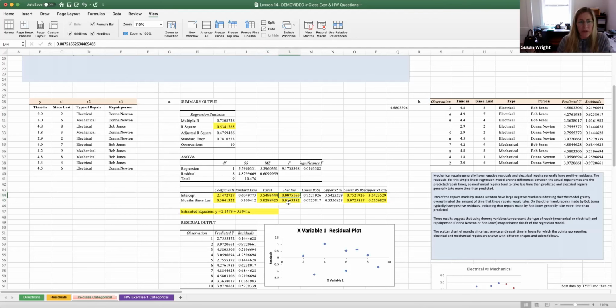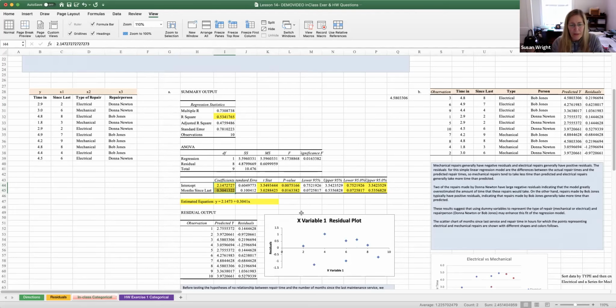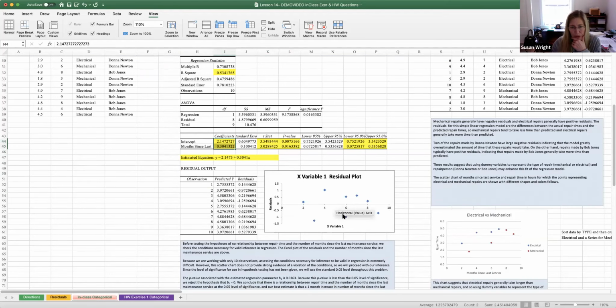That's what we're using for a level of significance. Okay, so we're going to say that both of these, we can reject the null hypothesis that these are equal to 0, meaning that these are valuable coefficients. We can use them to help us predict what's going on with the amount of time it takes to do a repair. All right, then we look at these residual plots too.